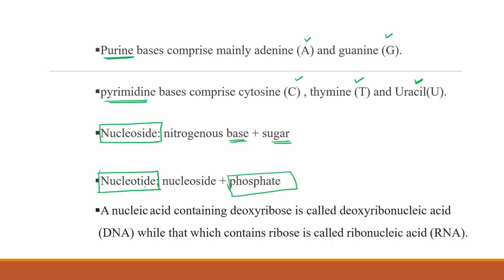So after the attaching of this phosphoric acid or phosphate group, we can use the term nucleotide. Clear? A nucleic acid that contains deoxyribose sugar is deoxyribonucleic acid, DNA, while ribose means ribonucleic acid. Ribose is a type of sugar which is present in RNA. Deoxyribose is a type of sugar which is present in DNA.